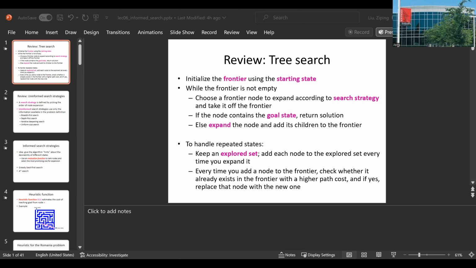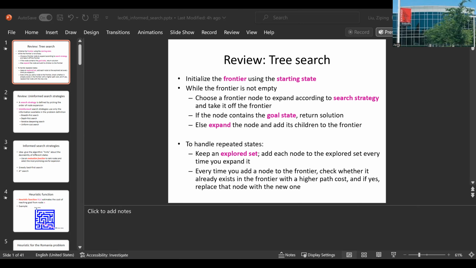So here, there is another very important concept: consistency of heuristic. If you want to guarantee optimal, you also need to make sure that the heuristic is consistent.